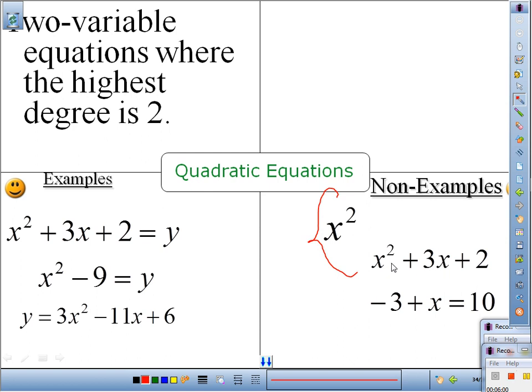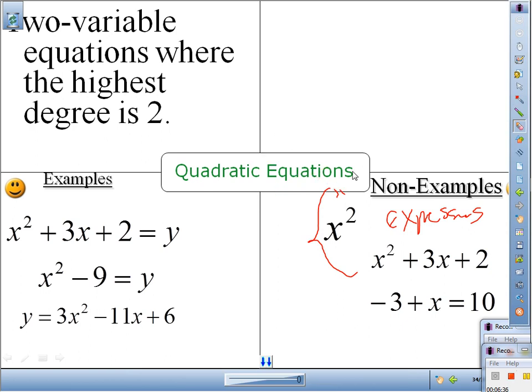They don't have two variables, but specifically what's missing? Yes, the y. The equal sign. These are not equations. These are expressions.